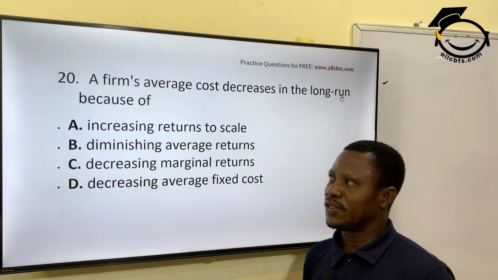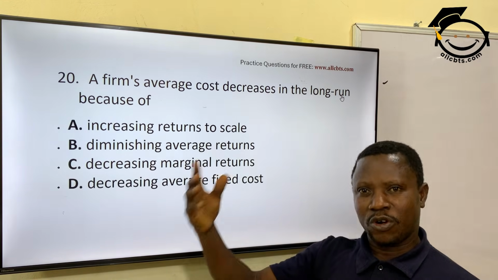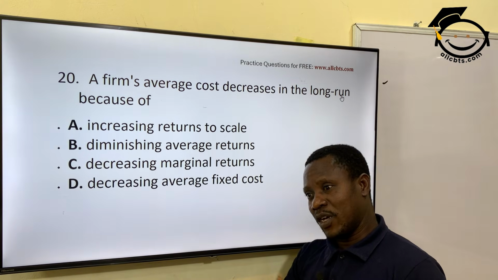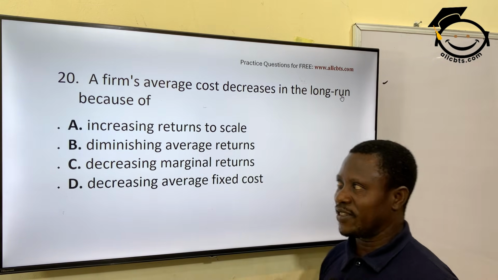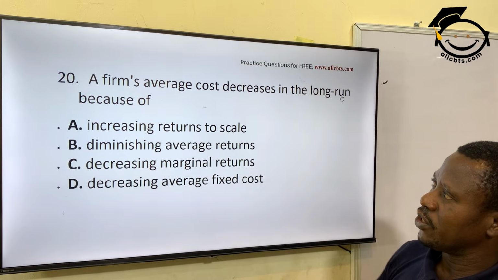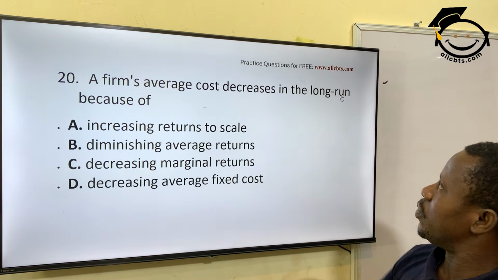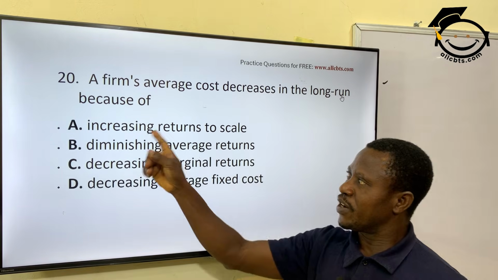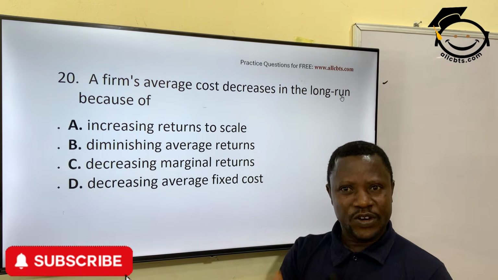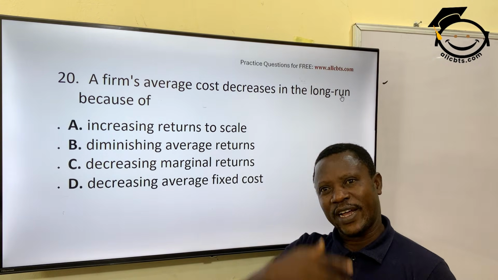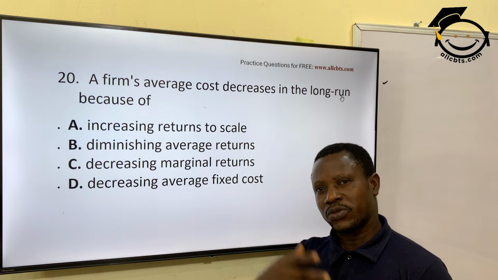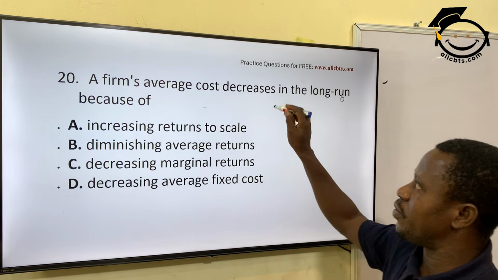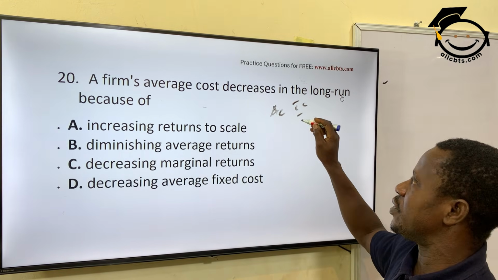The benefit of the long run is that you get perfected with the production line, the production system, the steps and the divisions. So increasing return to scale will lead to this at the end of the day. As you have increasing return to scale, your average cost, which means the cost per unit, will reduce. Remember, the average cost is your total cost over your quantity.